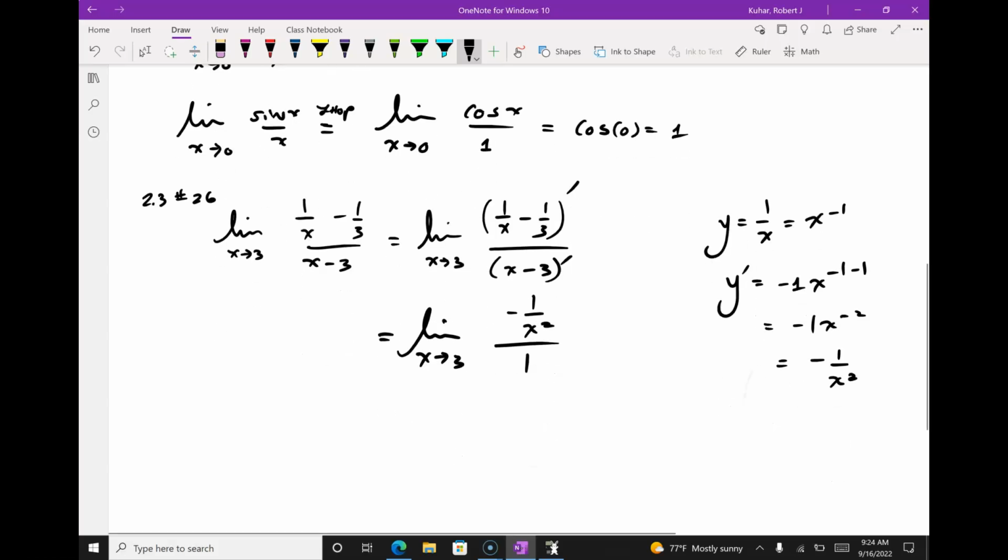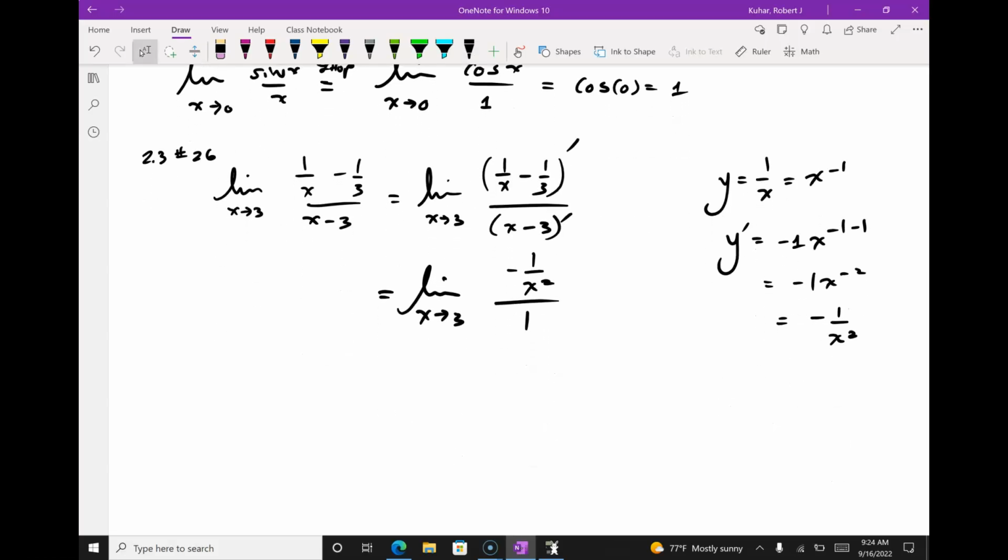I can simplify this now or simplify it after I plug in the number, right? Because when I plug in the number, I definitely don't get 0 over 0. Or I could bring my negative out and then do the limit as x goes to 3 of 1 over x squared. Why can the negative come out? Right, we had that one property that said a coefficient can move in or out of a limit.